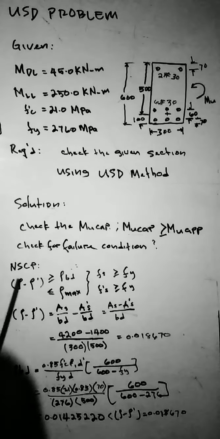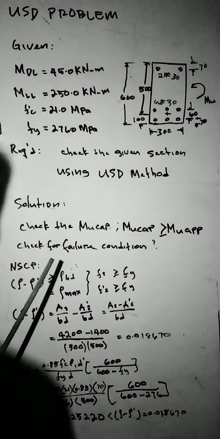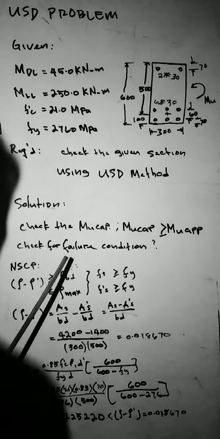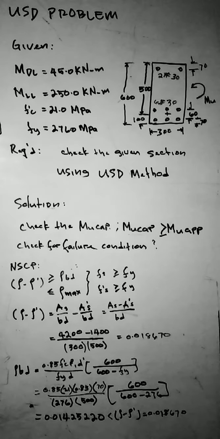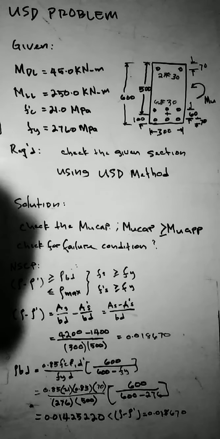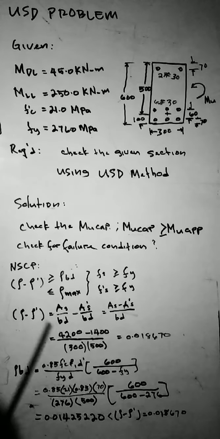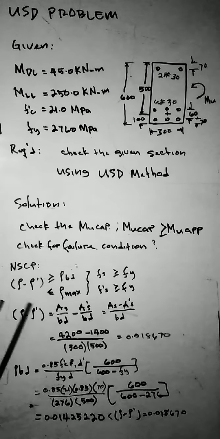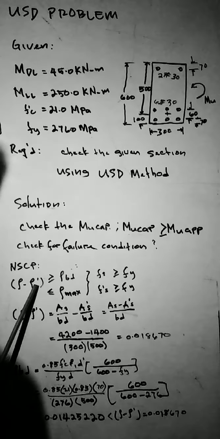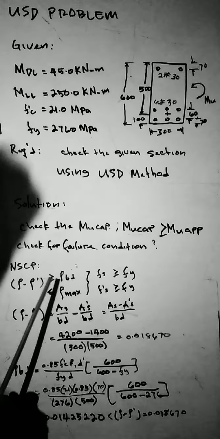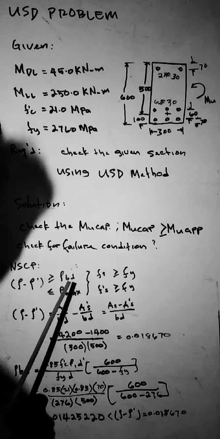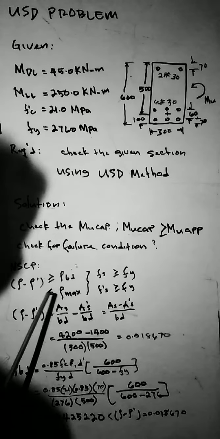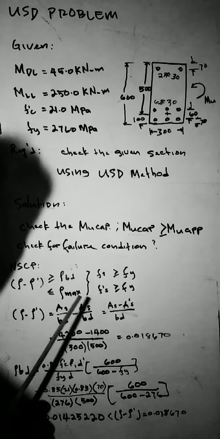Before we check that, we have to check first the section for failure condition. And we have two ways to check it, by specification and the alternate or the theoretical computation. So for specification, NSCP, National Structural Code of the Philippines, rho minus rho prime must be greater than or equal to rho BD, balanced design, but less than or equal to rho maximum.